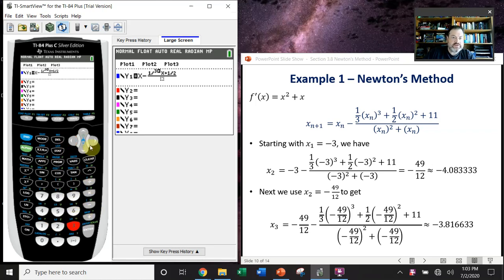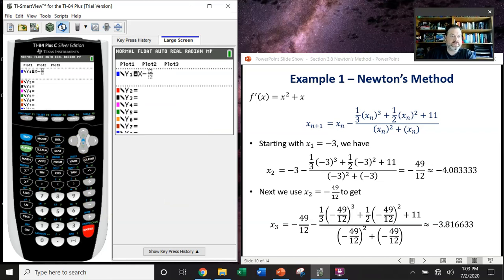I'll just overwrite it. Oh boy. Hold on, let me clear that. Let's try it again. So x minus. Oh, I should be using my touchscreen. Much easier. All right.